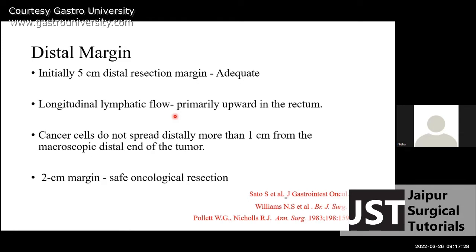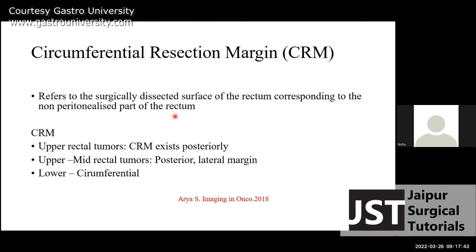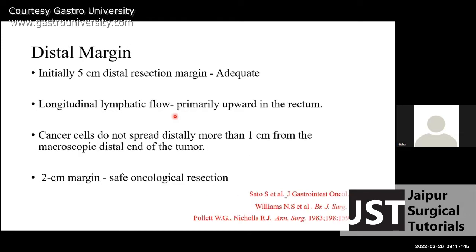The cancer cells did not spread distally more than 1 centimeter from the macroscopic distal end of the tumor. Thus, the concept of a 2 centimeter distal margin was introduced, and they said it was safe for oncological resection. However, for the very low rectal tumors, even a 1 centimeter margin is considered to be adequate.